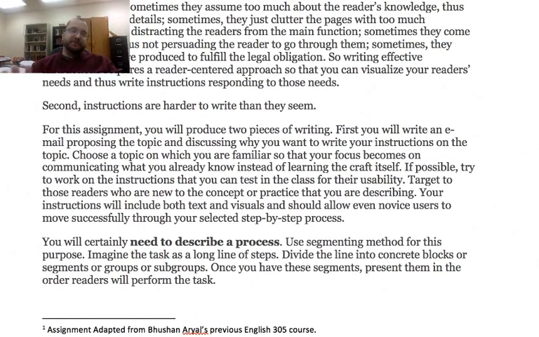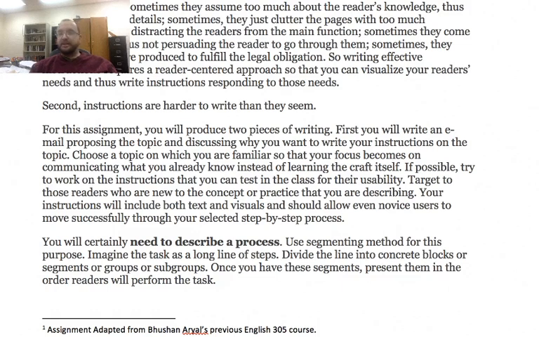Oftentimes, instructions will go bad when the task at hand is very simple to do. Like, let's say a recipe with 2 or 3 steps, right? That's often too simple. So you want to pick something complicated enough where you can get something out of it. I encourage everyone to think about what they might want to do based off their major.